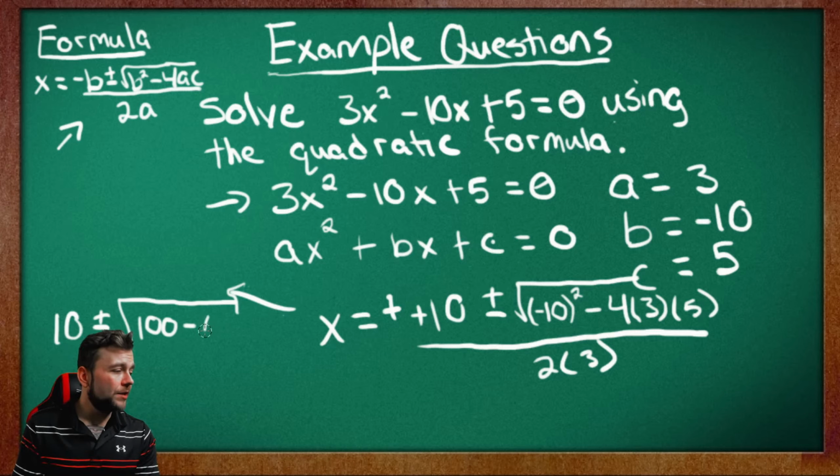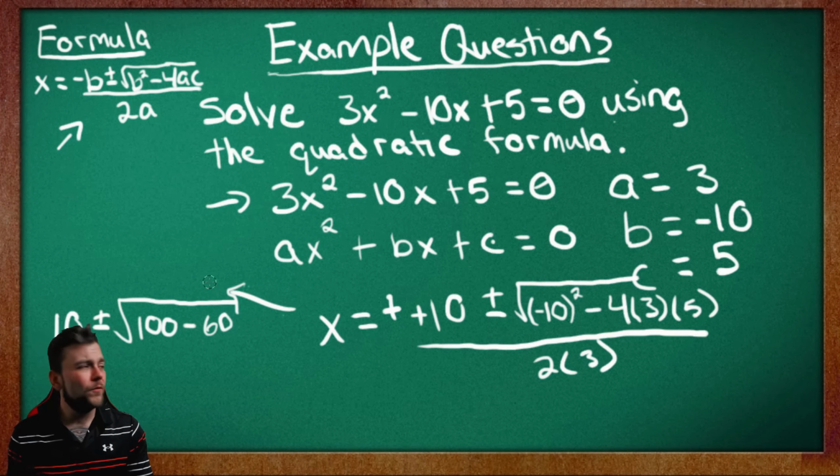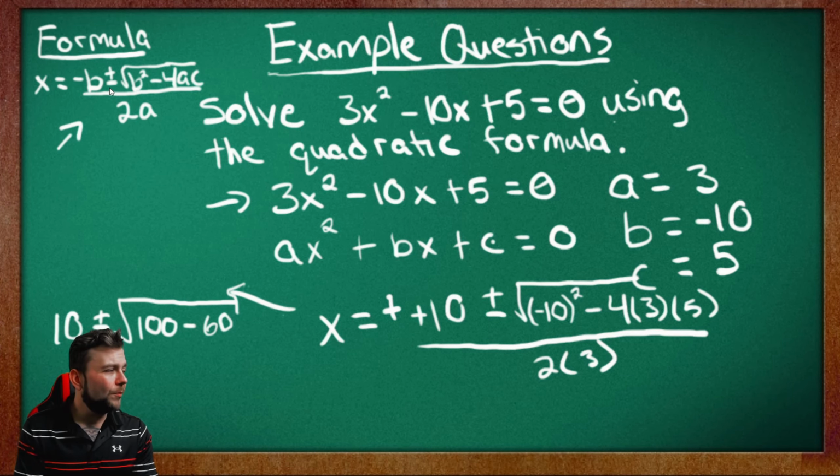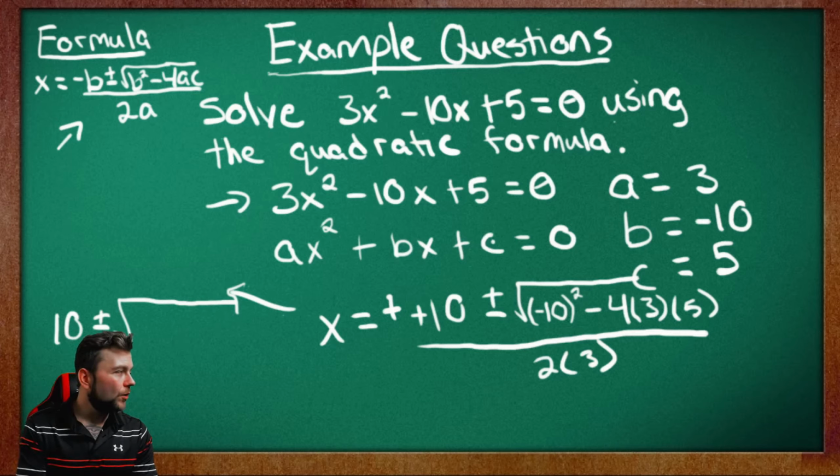So 100 minus 60. What's another way, before we finish this problem, of writing 100 minus 60? Let's just write that in. That is 40. The square root of 40 is on top.